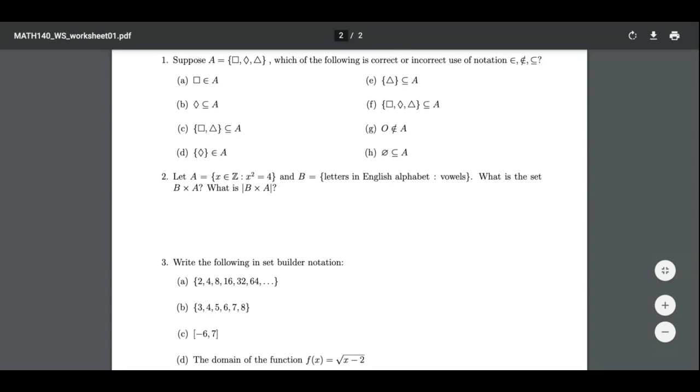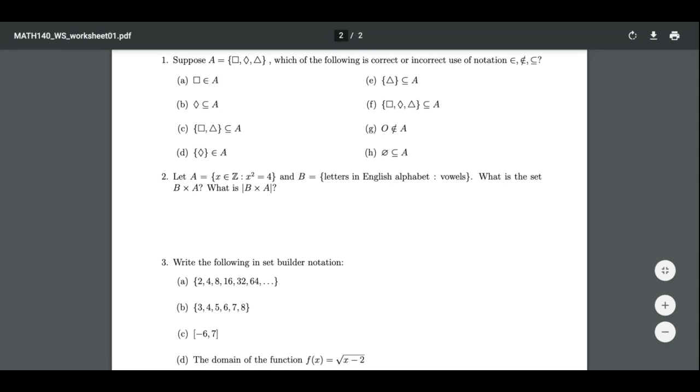So D is false. It would be right if it did not have the bracket. You're right. For B, if the diamond had a bracket, it would be true. Right.